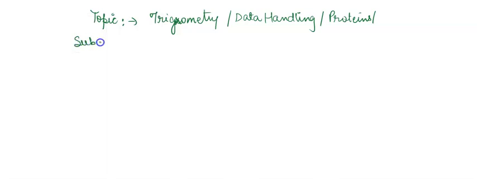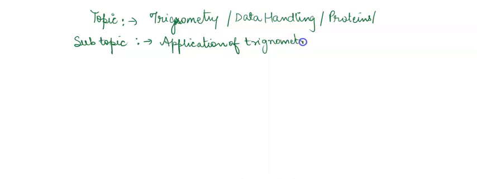Regarding the subtopic, it is the second topic which is denoted in the question. For example, if the question is of trigonometry and there is an application of trigonometric ratio, your subtopic will be application of trigonometric ratio.